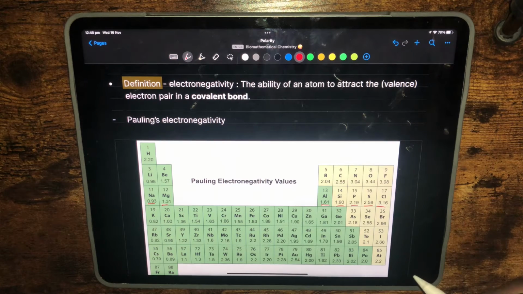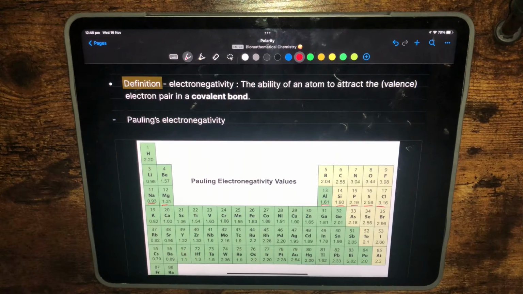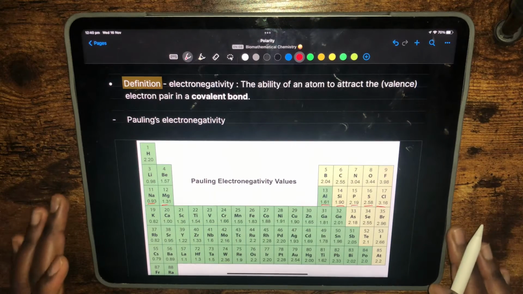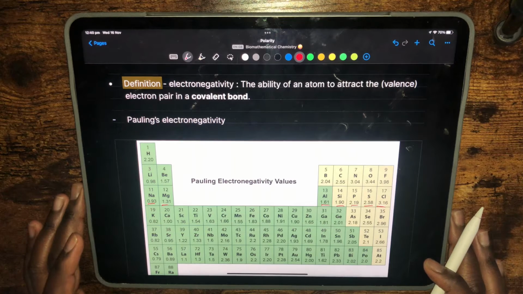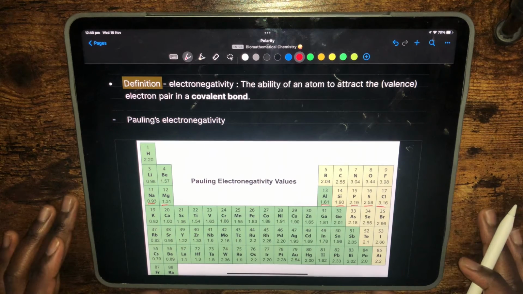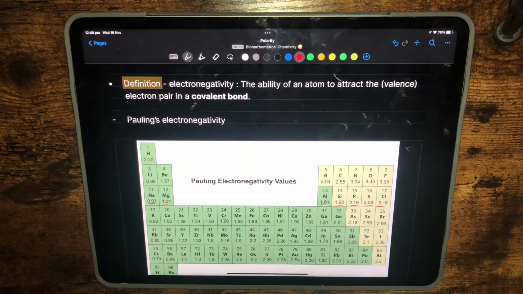At the same time, this is increasing, but the electron shell isn't increasing. You're not adding electrons to another energy level. The electrons are all on the same energy level. Therefore, the electron shielding is the same. The distance between the nucleus and outermost electrons is the same.